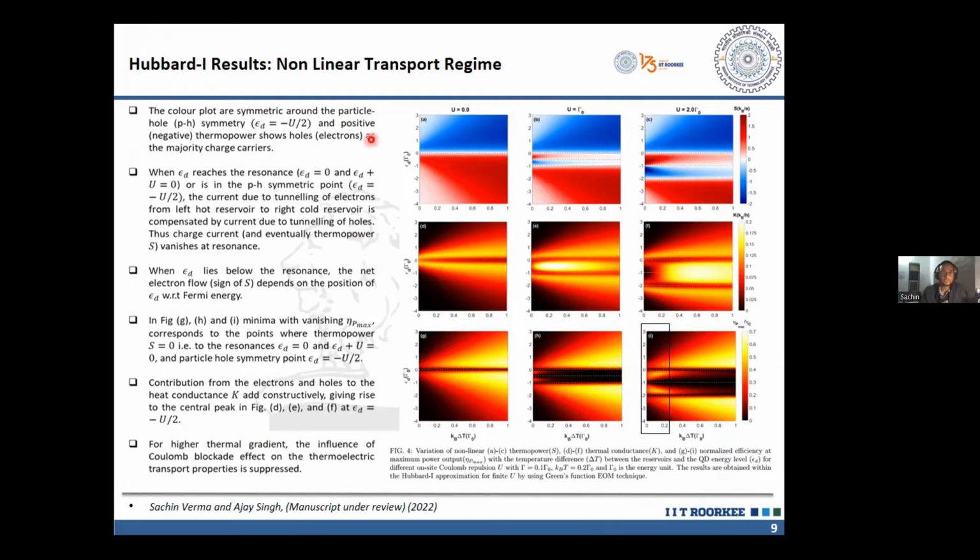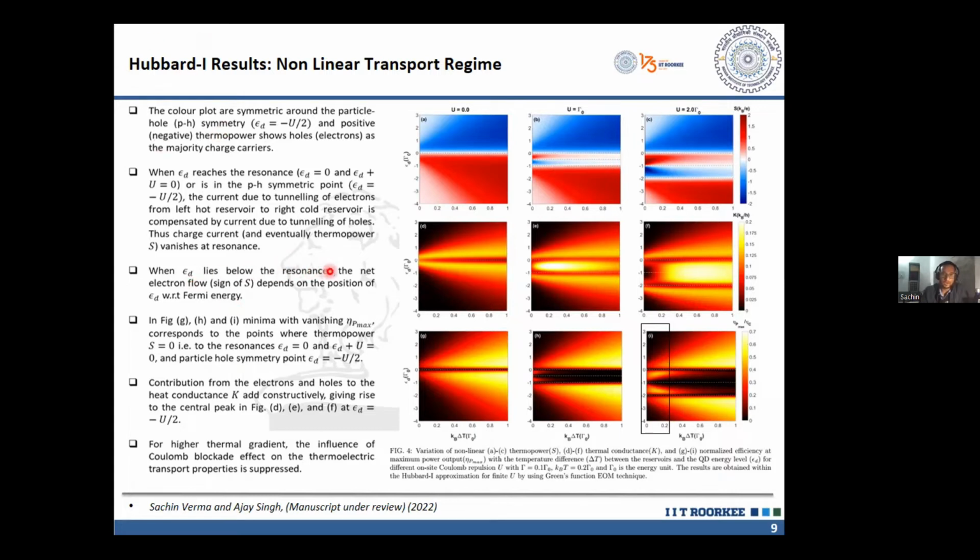Now one thing which is clear from this plot is that both the thermopower and thermoelectric efficiency become zero at the particle-hole symmetric point and at the resonance point. Whenever there is a matching of the quantum dot energy level and reservoir energy levels, then electron and hole compensate each other, and the thermopower as well as the thermoelectric efficiency go to zero.